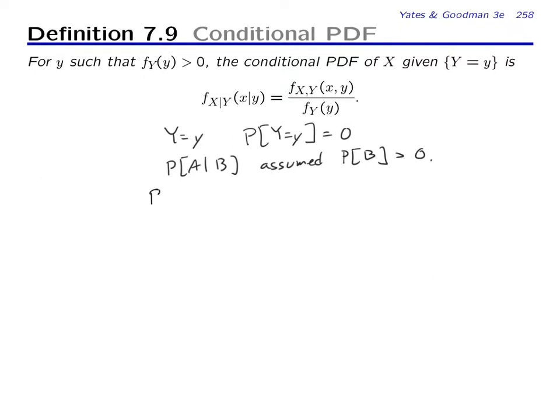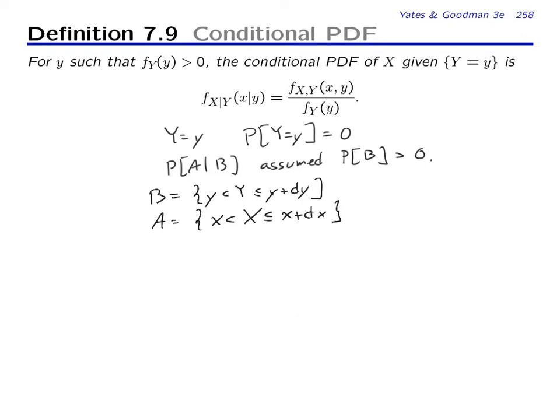So we think of the event B as that y is in the interval from y to y plus dy for some small or infinitesimal dy. And similarly, we think of A as the event that x is very close to little x. It's in the interval x to x plus dx.